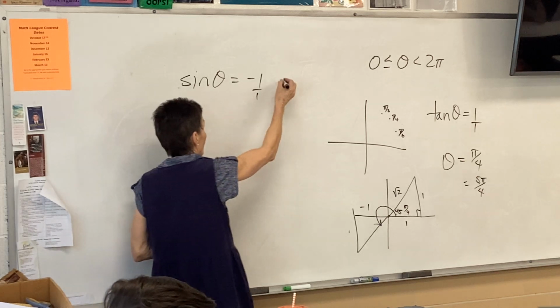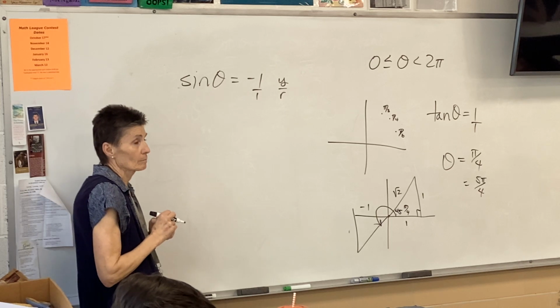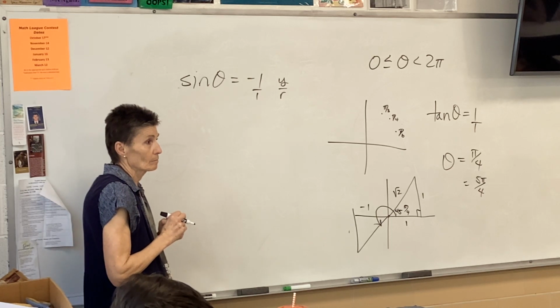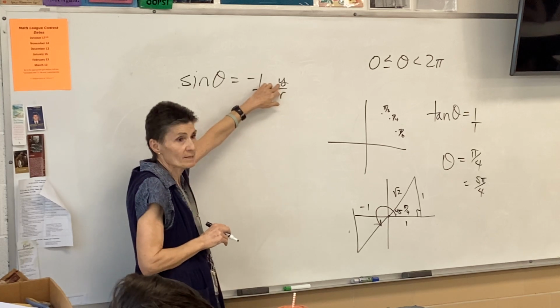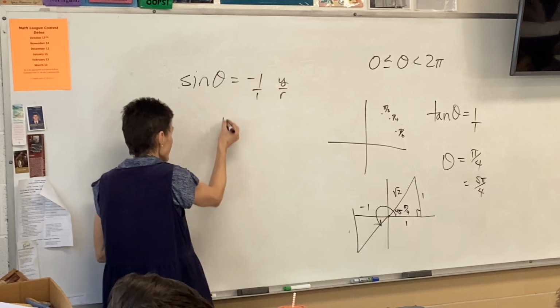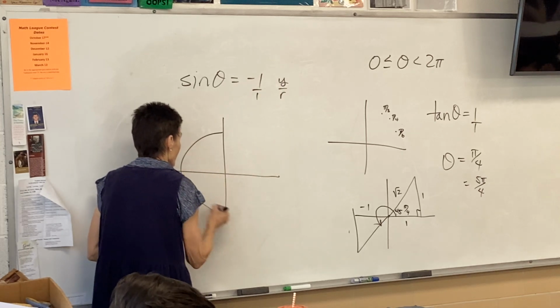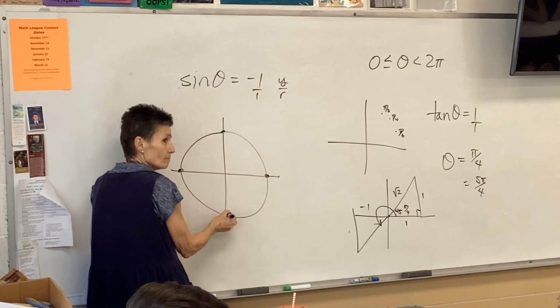That's y over r. They have to match. Your y coordinate has to be the same as your radius. Doesn't that mean that you're somewhere here?